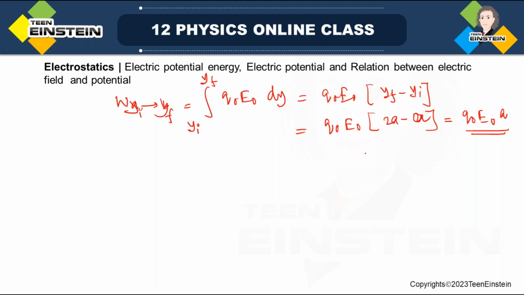But how is it related to the change in potential energy?